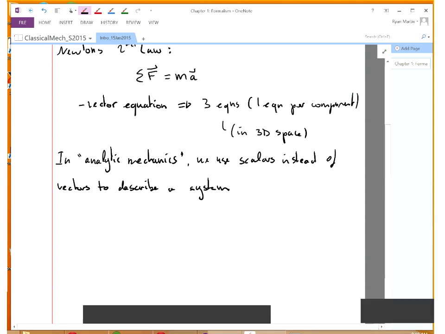So we think of a theory of classical mechanics. What do we want from it? We want it to be able to describe a system, both knowing its current state, how it's going to evolve in the future, and how it has come to be from the past.